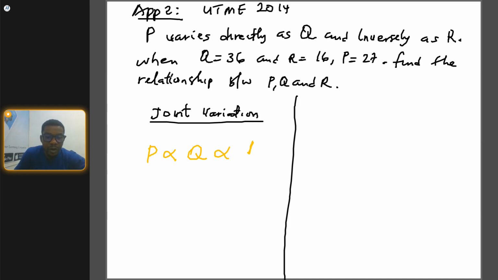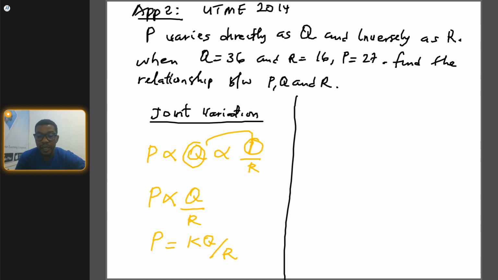So inversely is 1 over R. Multiplying this Q with 1 over R, we have P varies as Q over R. Introducing the constant, we have P equals KQ over R.